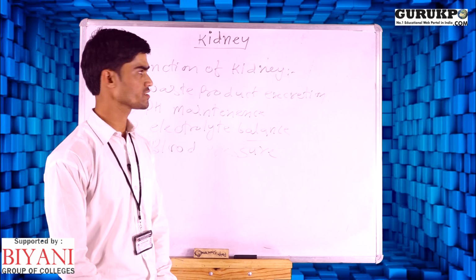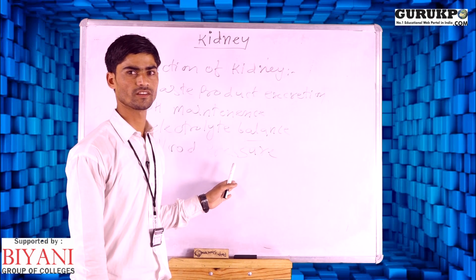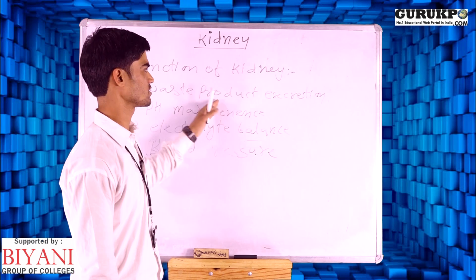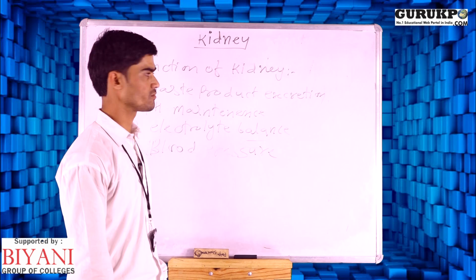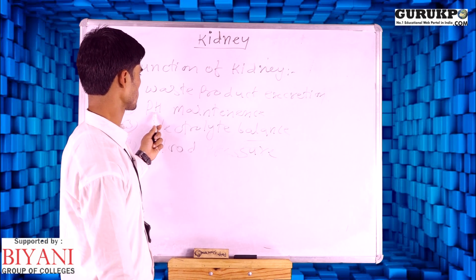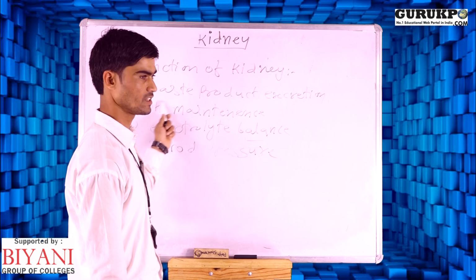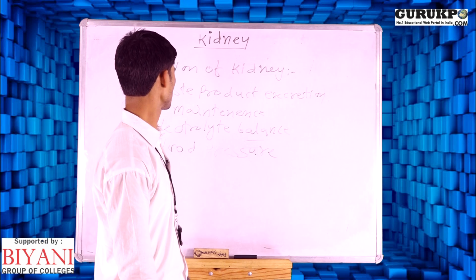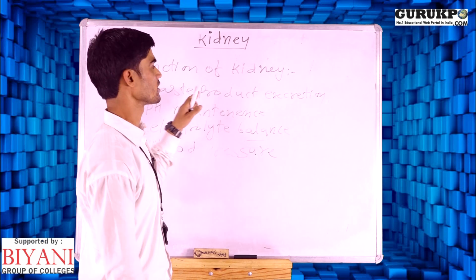Now we will discuss the functions of kidney. There are various functions of the kidney. First one is waste product excretion. This is the main function of kidney, the excretion of waste products from our body. Next one is pH maintenance. Kidney also maintains the blood pH, and the urine pH is maintained by kidney.